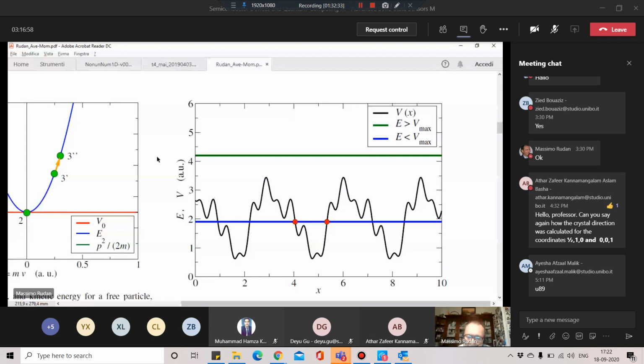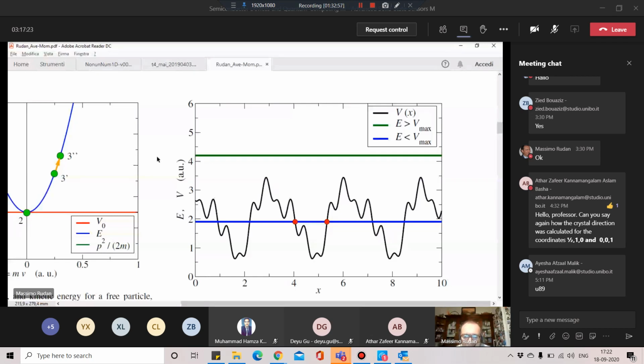So assume that the initial conditions of the motion are such that the particle is in that segment. Okay, so it is between the two red dots, and at time equal to 0 is going to the right.